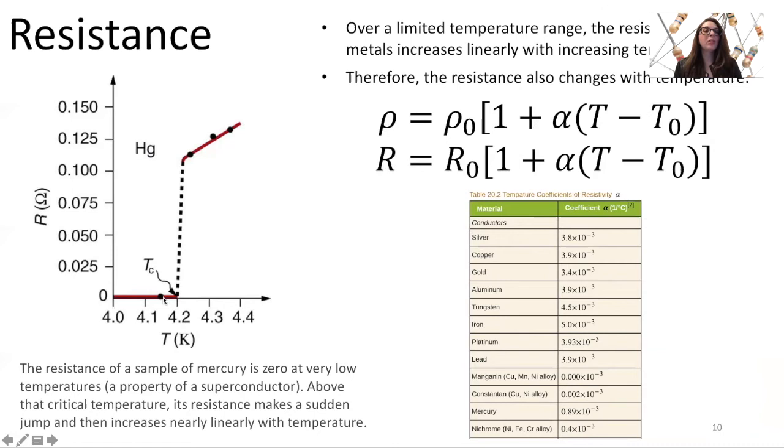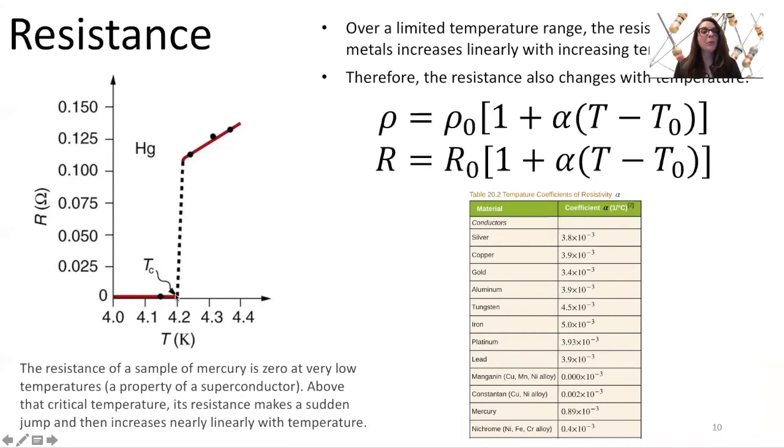Now this chart that I've put in here shows the resistance of a sample of mercury. So mercury has 0 resistance, on the vertical axis here, at very low temperatures, which is a property of a superconductor. So at low temperatures, mercury behaves like a superconductor. It has no resistance.